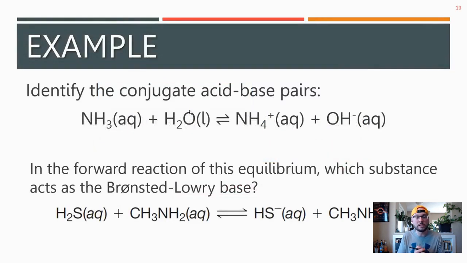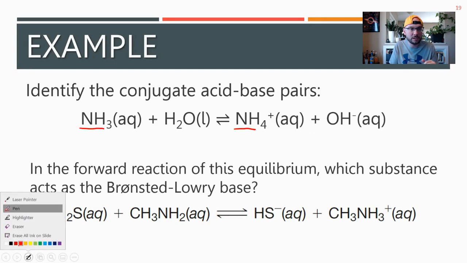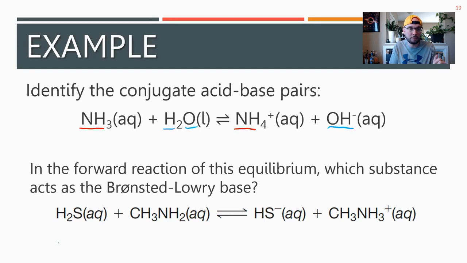So what we're going to do here is I'm going to label the top equation as acid, base, conjugate acid, conjugate base, and then you'll do it on the bottom and then identify which one is the Bronsted-Lowry base. What I like to do here is identify which species are related and either box them or put a line underneath them of different colors, just so it makes it a little bit easier. We can see here that the NH3 becomes NH4 plus. So it's gained a hydrogen, which makes this a base.